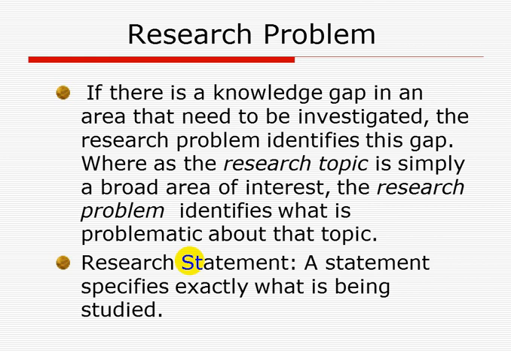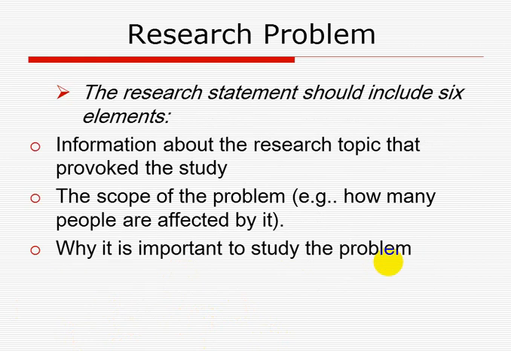Okay, and here the research statement specifies exactly what is being studied. That is the research statement. The research statement should include 6 elements. The first element is information about the research topic that hooks the study, that provokes the study, that makes your study interesting.